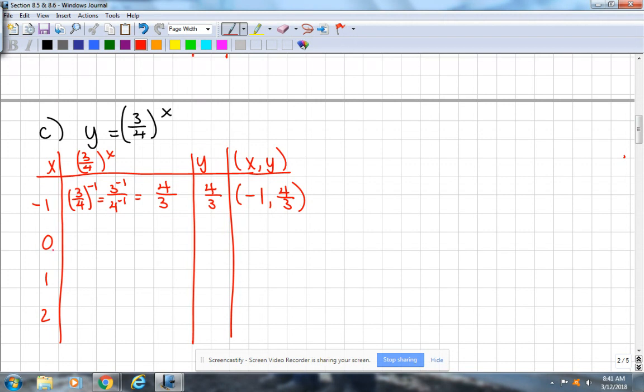Then I do the 2 easy ones right here. What's 3/4 to the 0 power equal? 1. What's 3/4 to the first power equal? 3/4. And how do I square 3/4?